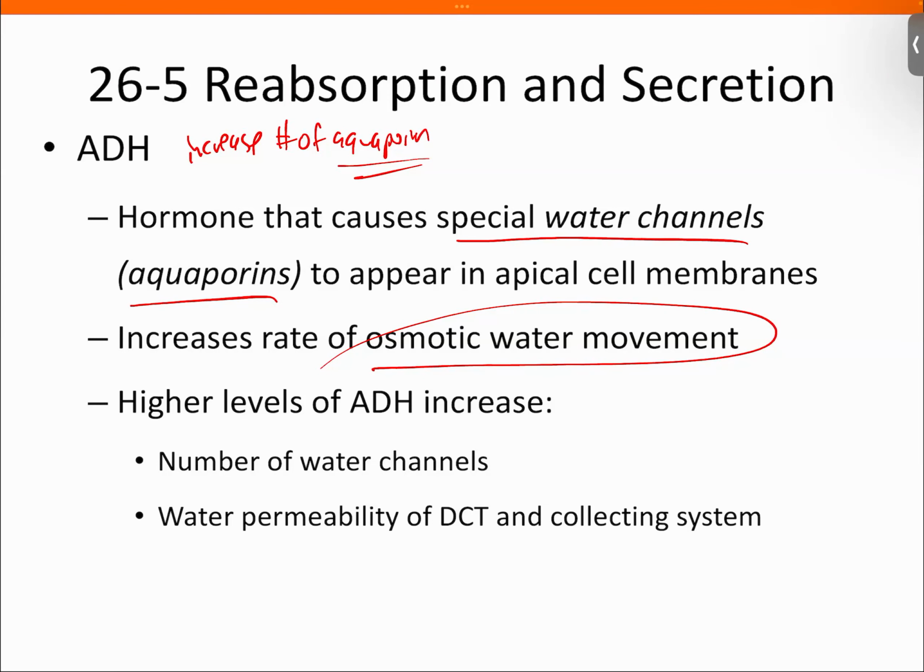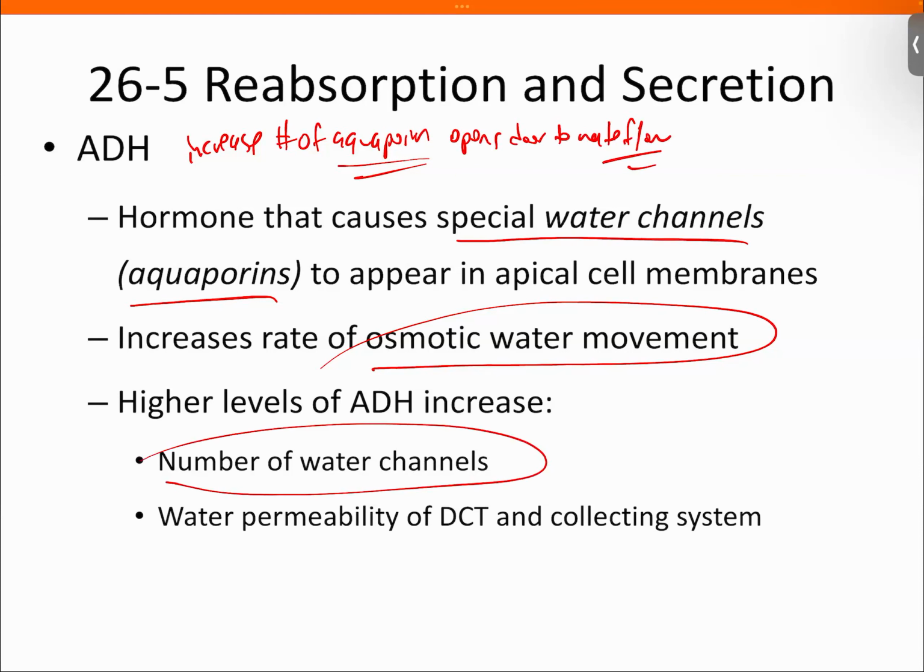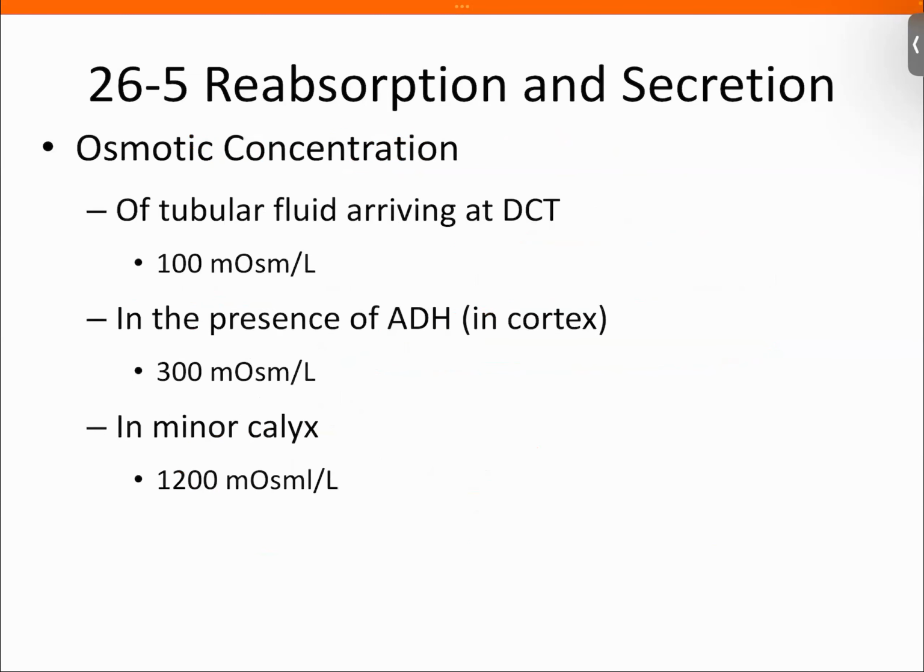ADH creates the means, right? So once you have an open door, it's going to open the door to water flow. So ADH will increase your aquaporins, which will increase the permeability of the DCT and the collecting cells. So that's basically what's happening.